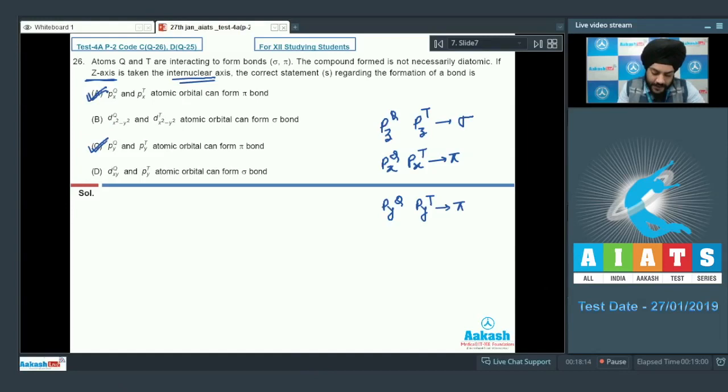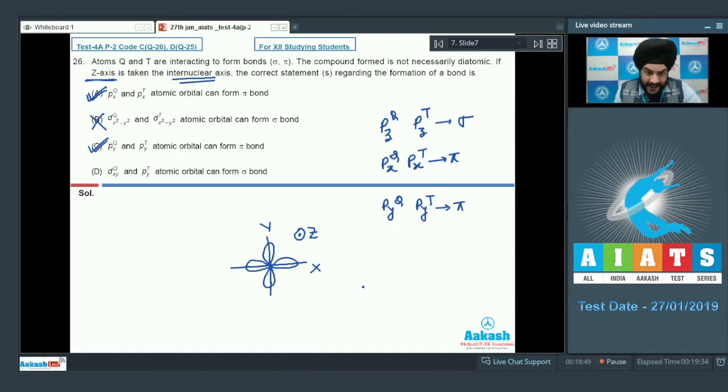Now if you look at options B and D, in option B the examiner says that the dx square minus y square atomic orbitals can form sigma bond. So students, the x square minus y square orbitals have lobes along the x and the y axis. So they cannot form a sigma bond as there can be no direct overlap, as the internuclear axis is along the z direction and the given orbital does not have any lobe along that axis. So students, statement B is incorrect.